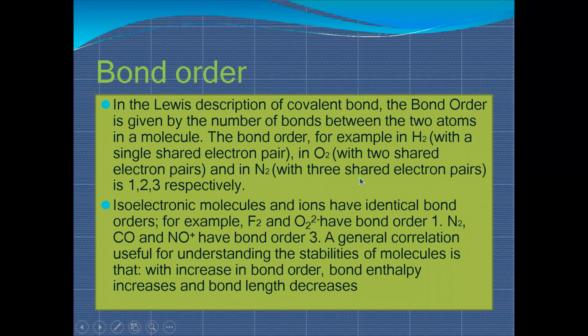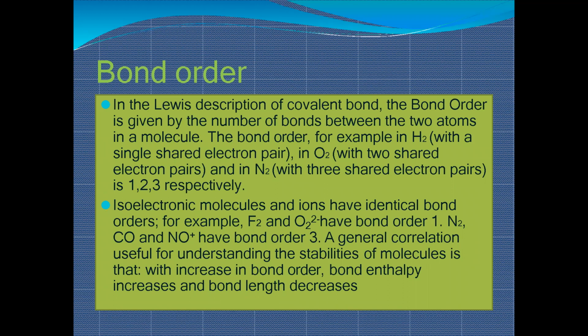They share 3 electron pairs, 3 electrons from one nitrogen and 3 electrons from the other, so the bond order will be 3. Bond order tells us the number of bonds present in a specific molecule. So the bond order is 1 for hydrogen, 2 for oxygen, and 3 for nitrogen.